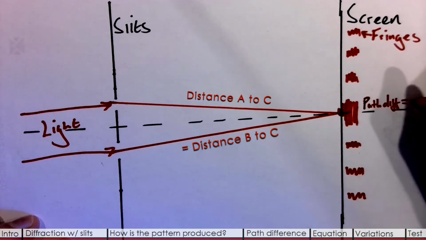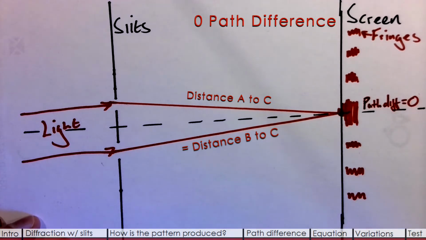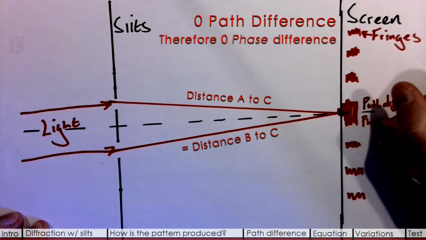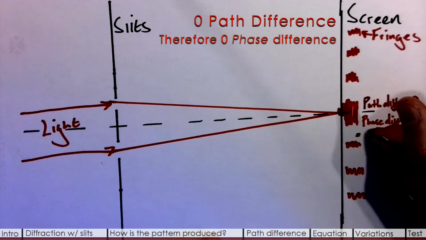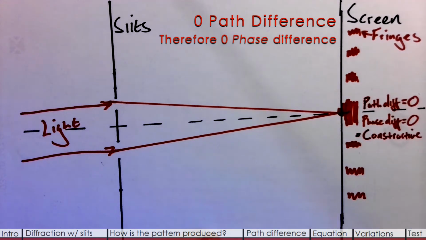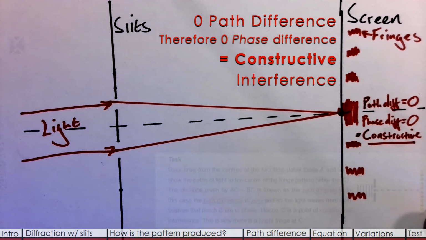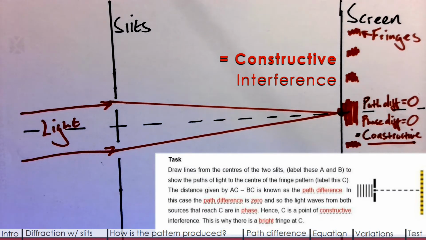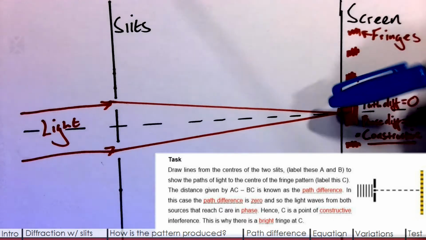The path difference is 0, and so the waves arrive in phase. The path difference is 0, the phase difference is 0. This is a constructive interference. So the reason for that bright central fringe, and it's brighter than everything else, is because in the centre there you're getting pure constructive interference between those two waves.